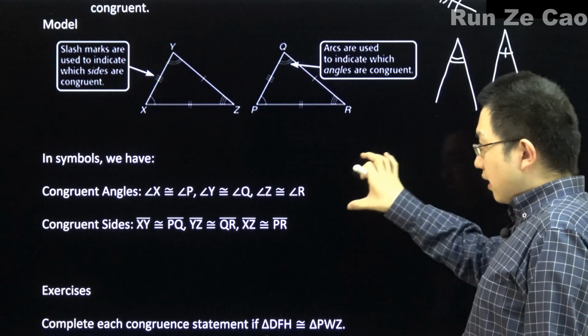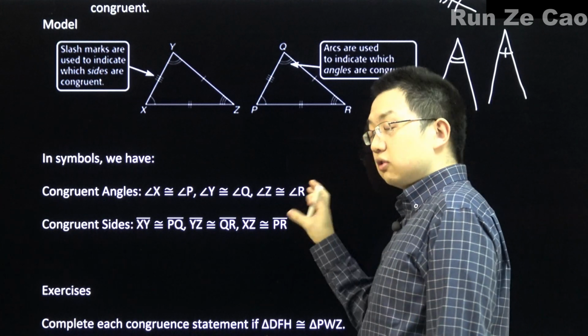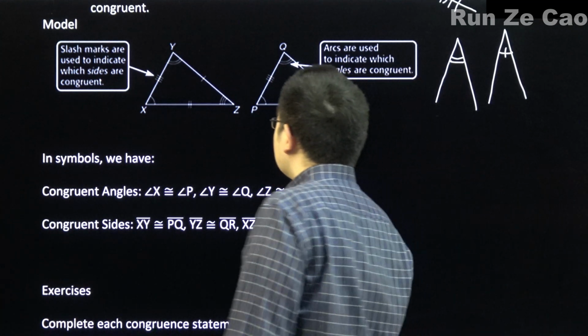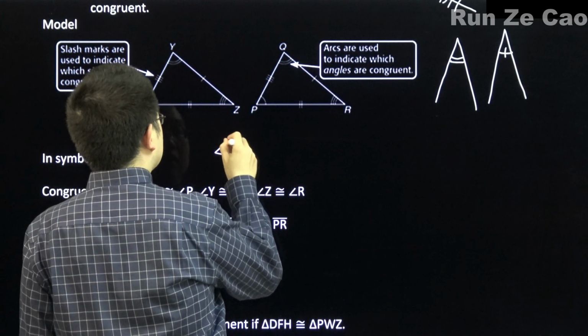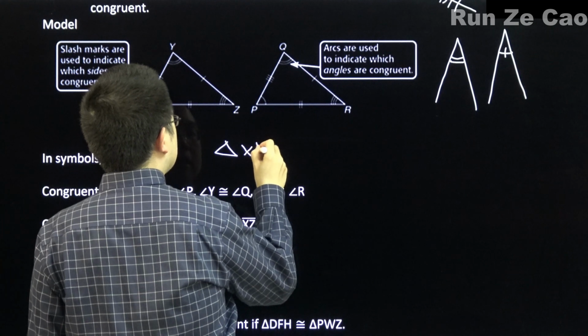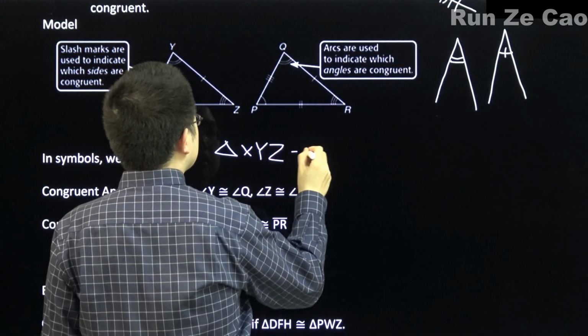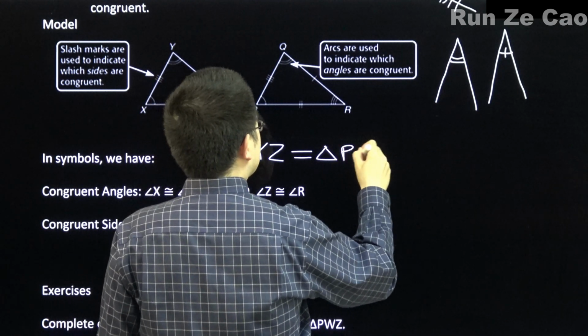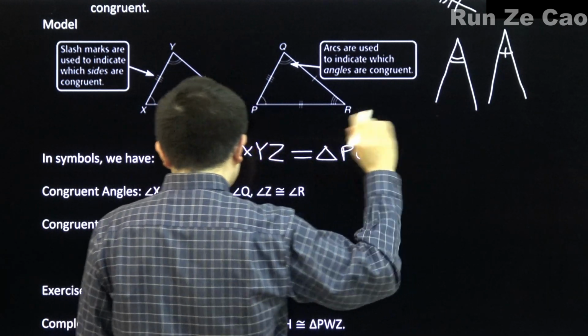But then, once you have these characteristics being equal, you can't say that, oh, triangle XYZ is equal to triangle PQR. You cannot do this.